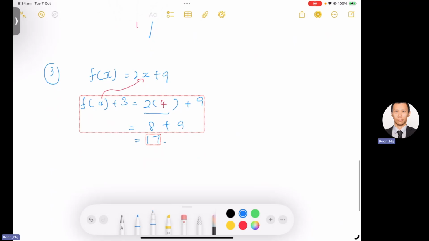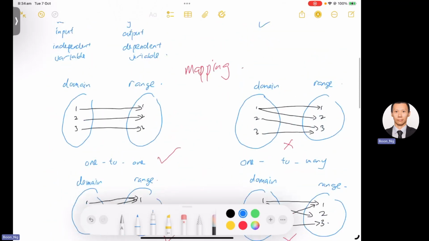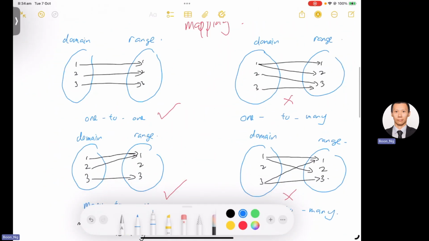It's very straightforward. The second one is f of 5 minus f of 1.